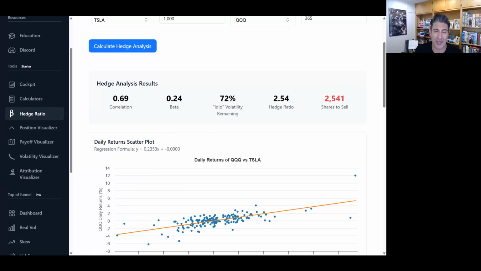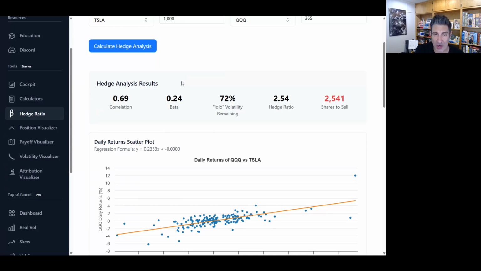So you would think that if I'm long 1,000 shares of Tesla, I need to be short almost 4 times as much Qs to be hedged, because the Qs only have a 0.25 beta. So I would think I would need to be short 4,000 shares.